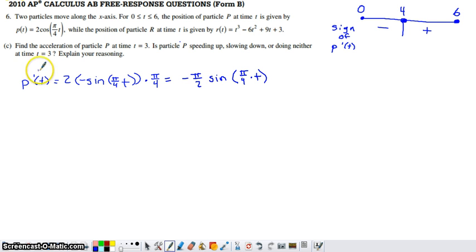What we need to do in part C is find the acceleration of particle P. The acceleration is going to be given by the second derivative of position, so we need to take one more derivative here. This right here is a constant, so I'm just going to copy that into my derivative. Then the derivative of sine of pi by 4 times t is going to require the chain rule.